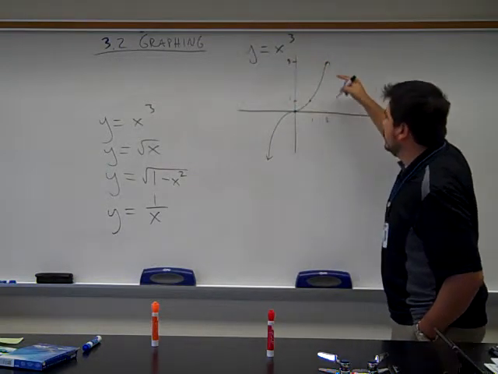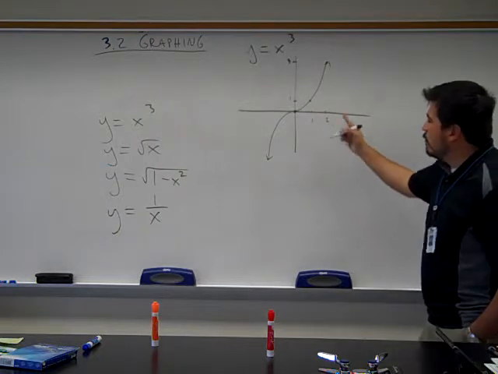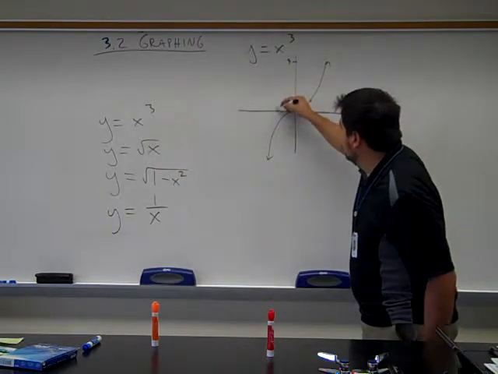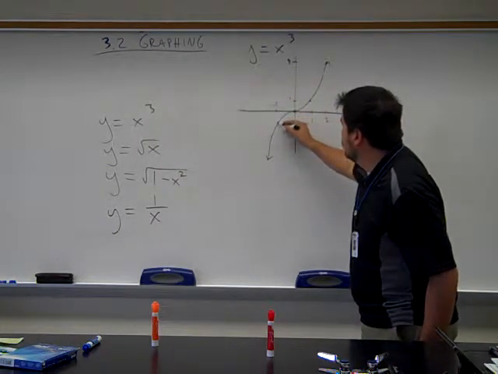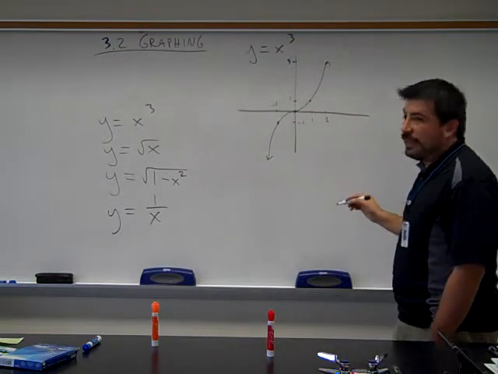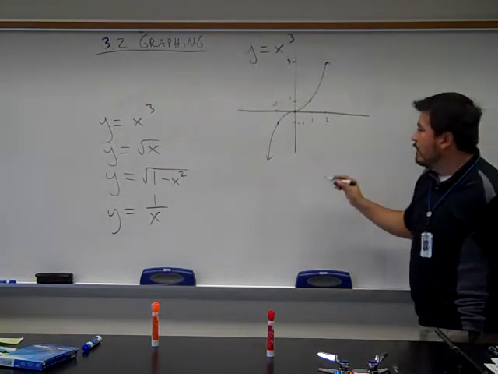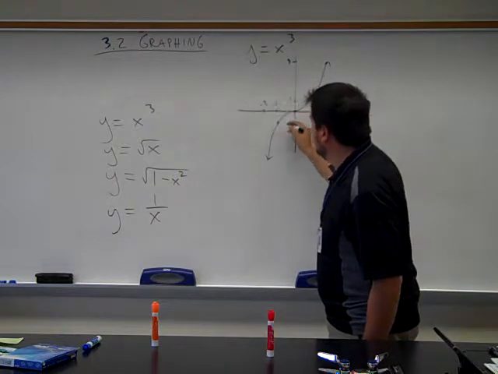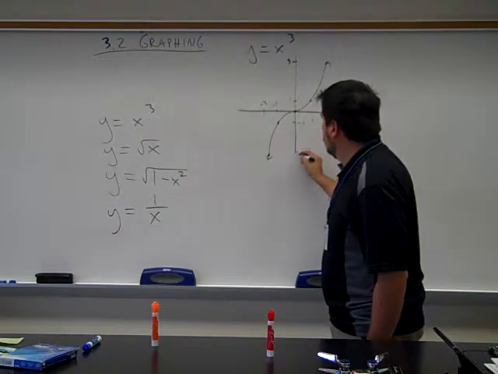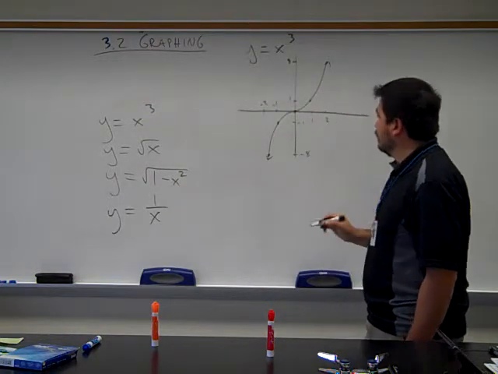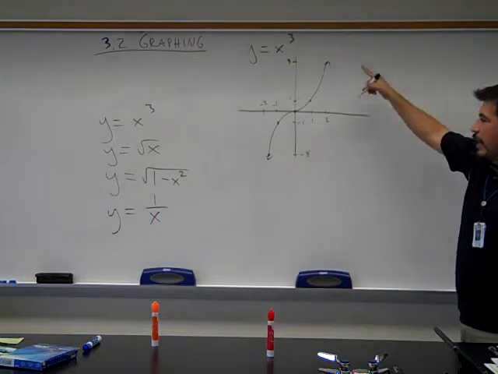Okay, so here are some points that you should know. But now when you plug in negative values, like negative 1, you get a negative output, because negative 1 cubed is negative 1. And if you go to negative 2 and plug in a value, you get negative 8. Okay, so that's why we have this S shape.